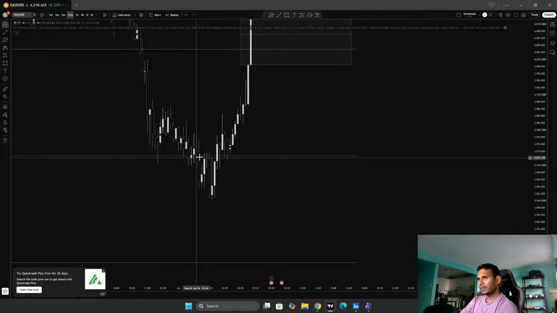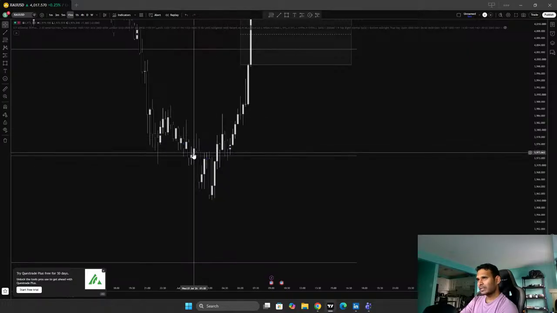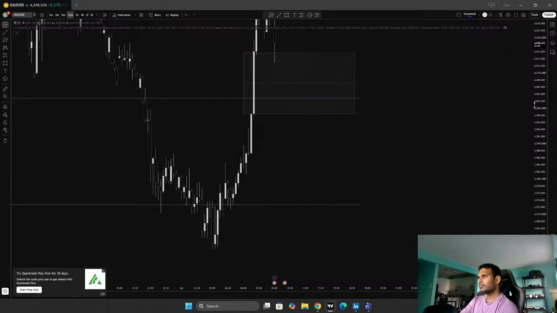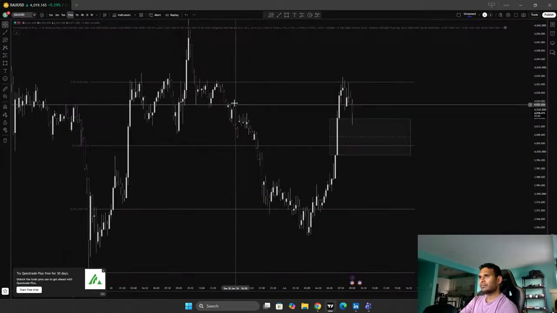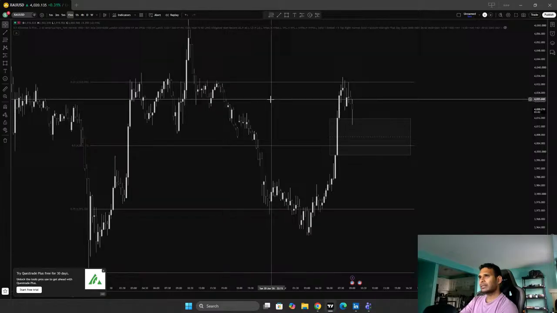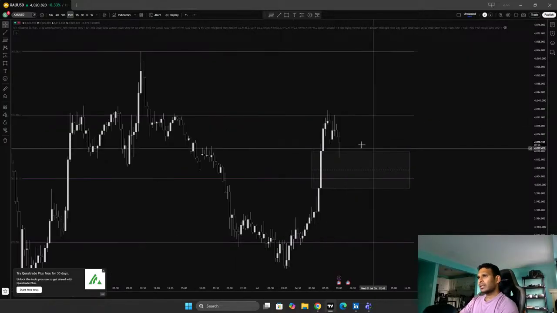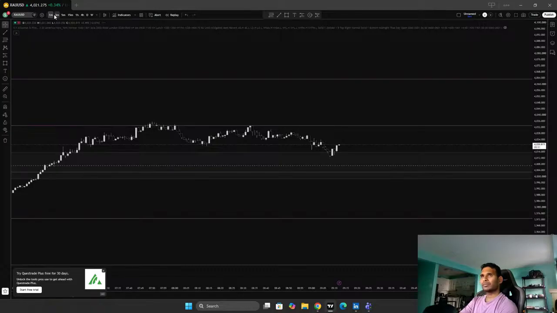How beautifully it's respecting this level, boom, and how beautifully it's rejecting out of this gap. And it starts to trade back higher. The next target would be this and this area. Yeah, we have some unfilled gap here, not filled, but yeah, it's pretty much this. Sorry.